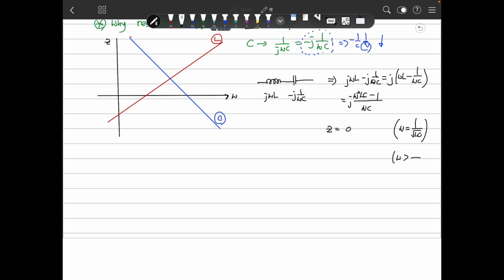But when omega is larger than this, the impedance is approximately j omega L, since omega squared LC is larger than 1. In this case, it looks like an inductor.